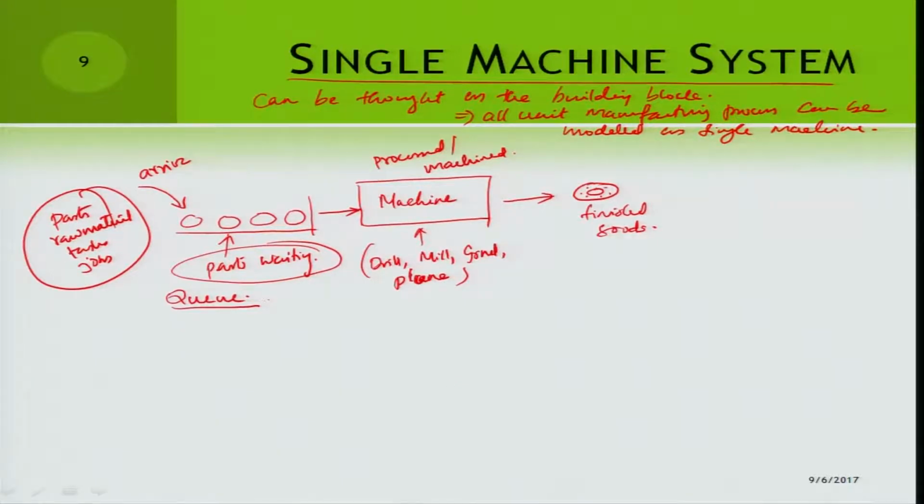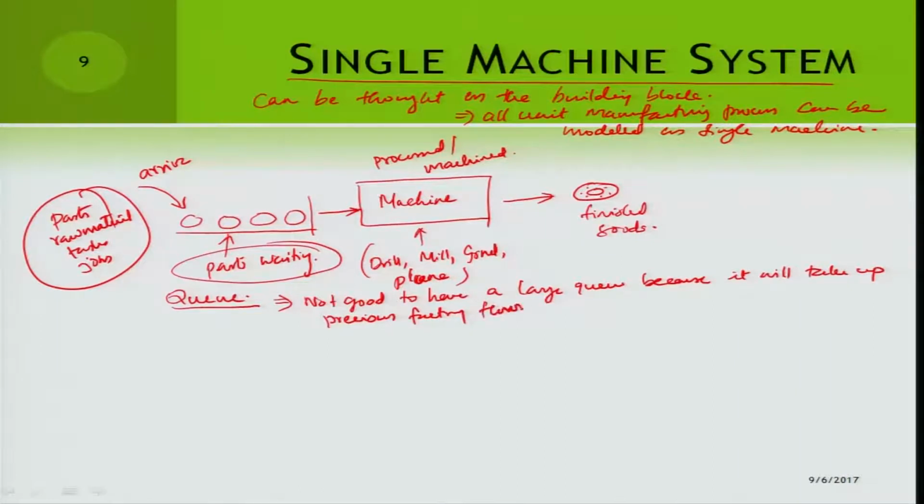If you have too many parts waiting here, that is not good, because it is not good to have a large queue: it will take up precious factory floor space. A lot of items waiting there is also sometimes called work in process inventory, commonly known as WIP.